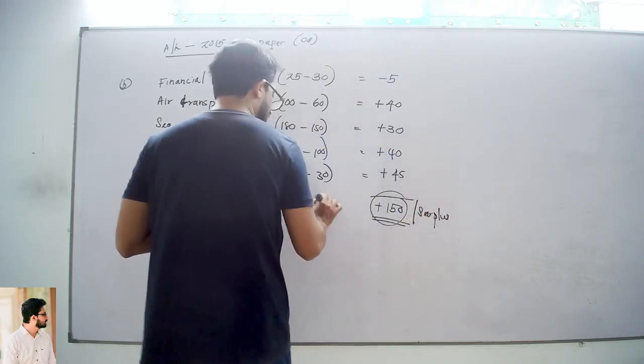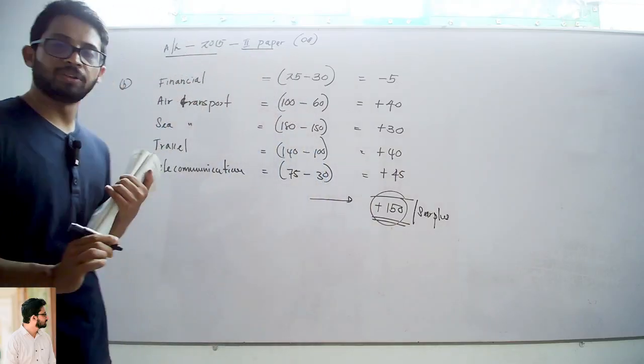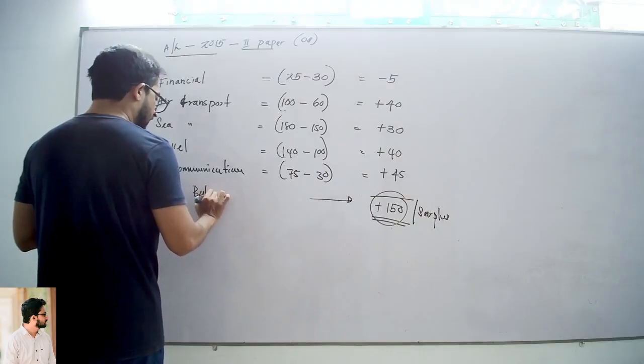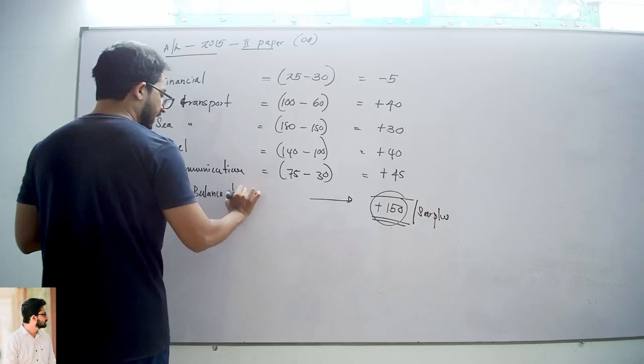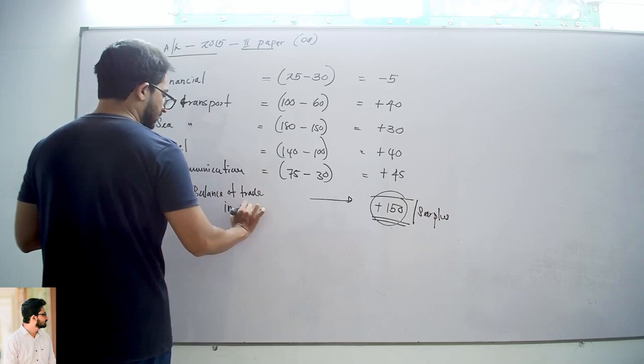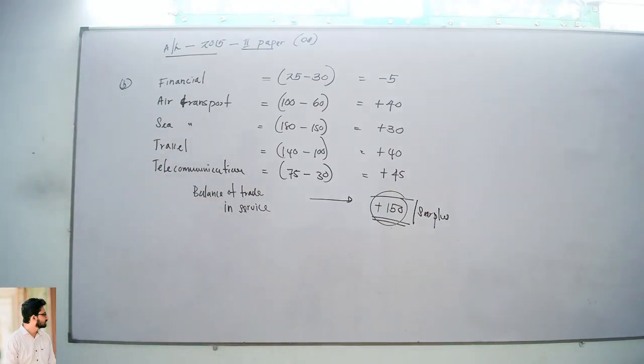But this is not the answer. This 150 means the balance of the service account, the balance of trade in service.